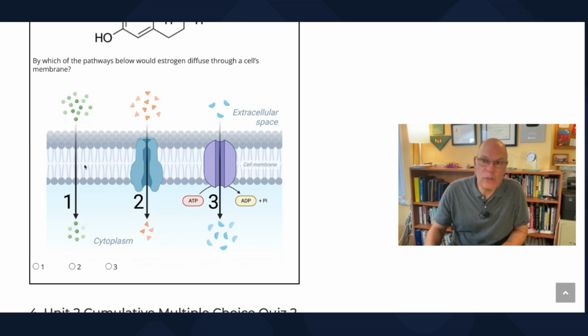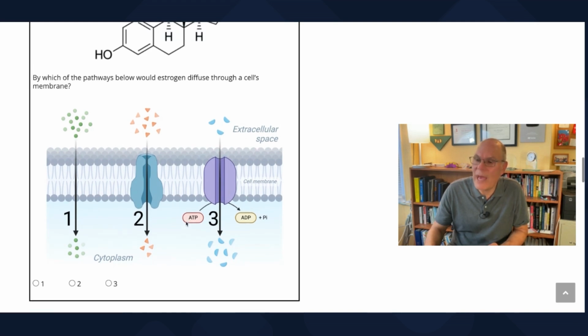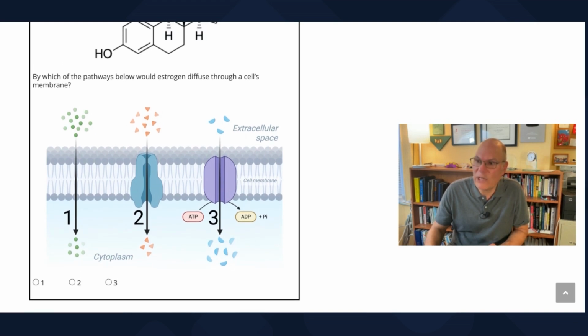And again, for those of you in the listening audience, 1 shows a substance moving directly through the phospholipid bilayer. 2 shows a substance that is moving through a protein channel. And 3 shows a substance that is moving from low concentration to high concentration, again through a protein channel, and expenditure of ATP is required. So which of the pathways would be the right one for estrogen?